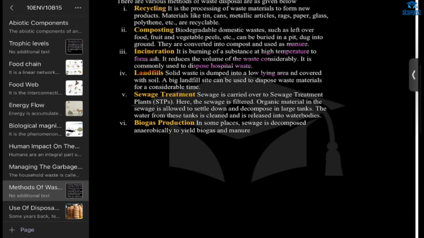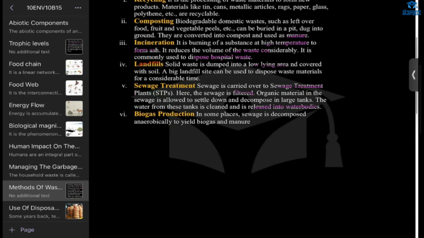Okay. Sewage treatment. Sewage is carried to sewage treatment plants. Here, the sewage is filtered, then the organic material in the sewage is allowed to settle down and decompose in large tanks. Also, the water from these tanks is cleaned and released into water bodies. Then, biogas production.